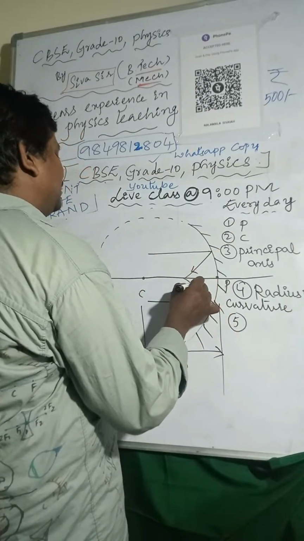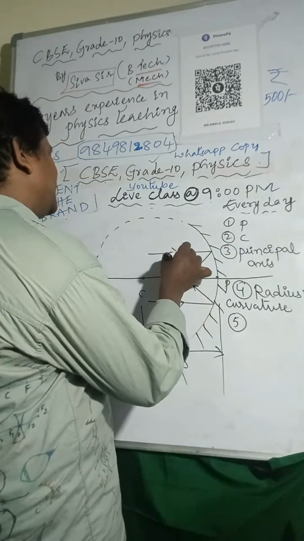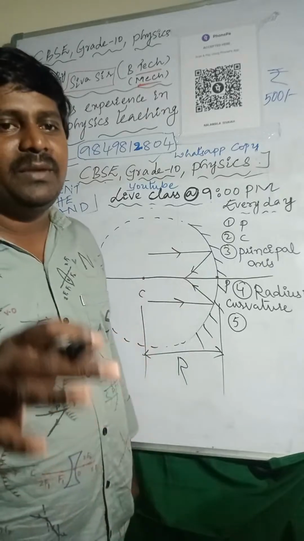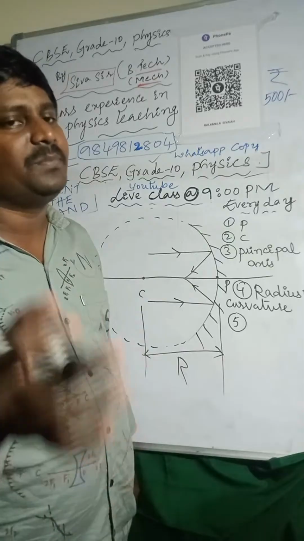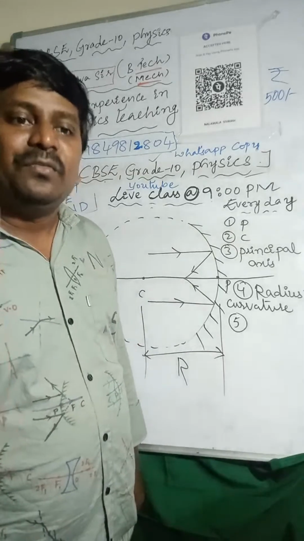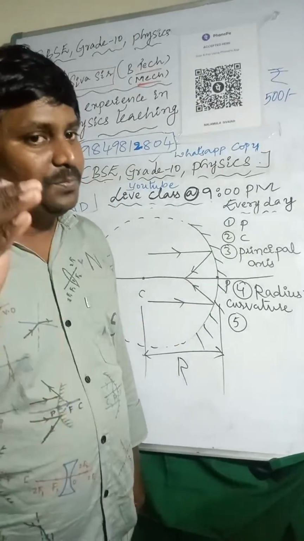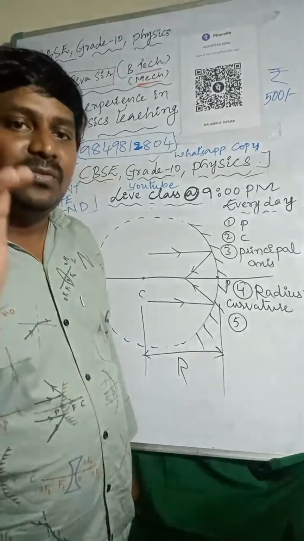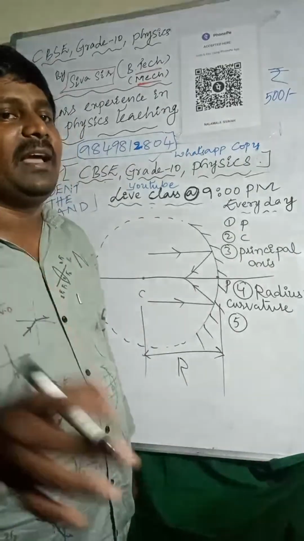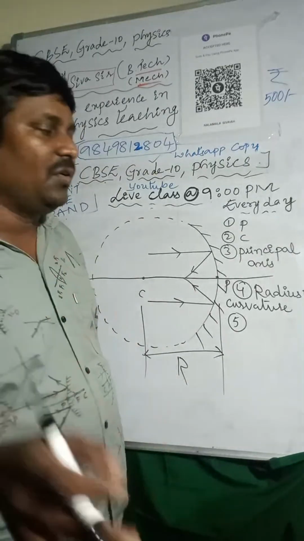After reflection, light rays will meet at one point on the principal axis. That point is called focus.